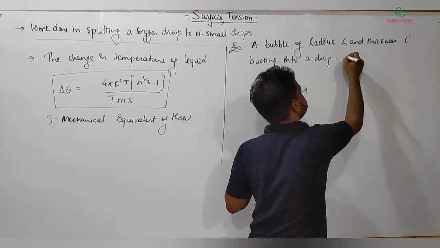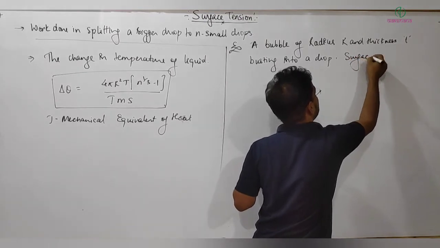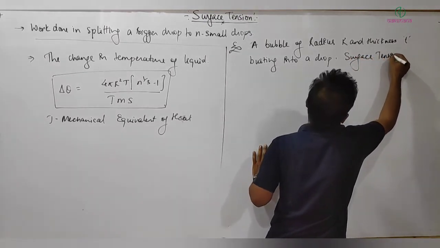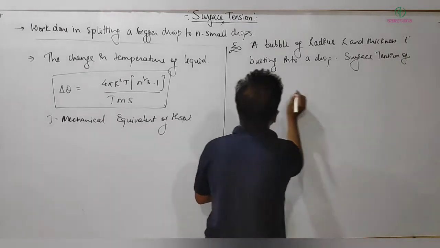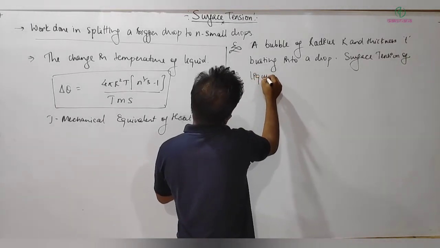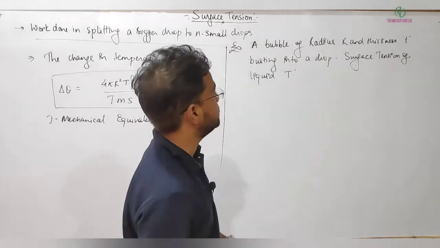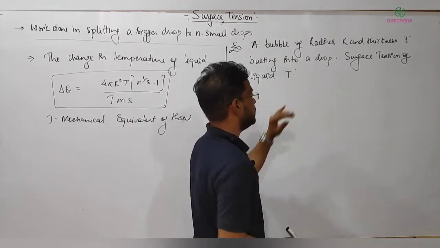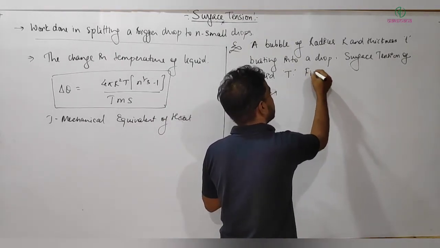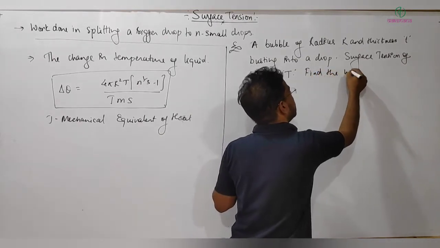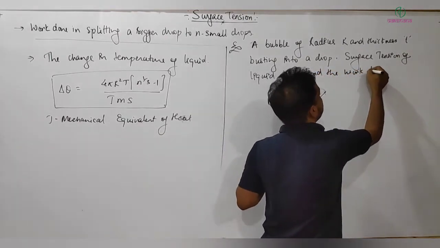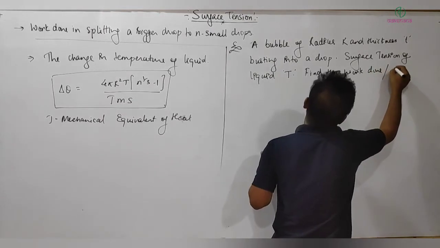The surface tension of the liquid is T. Then you are asked to find the work done or energy released.